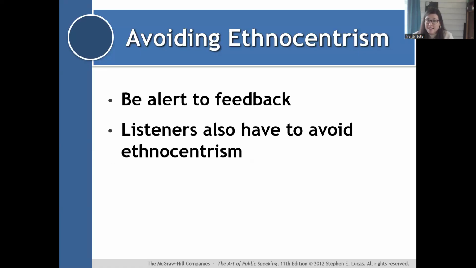Be alert to feedback, right? So if somebody says something to you, or if you're getting a vibe off of somebody, we all think when we're in traffic and somebody does something and there's like a horn honk situation, our instinct is almost always to think that that other person is wrong. Or sometimes you get people who, no matter what, think they're wrong.